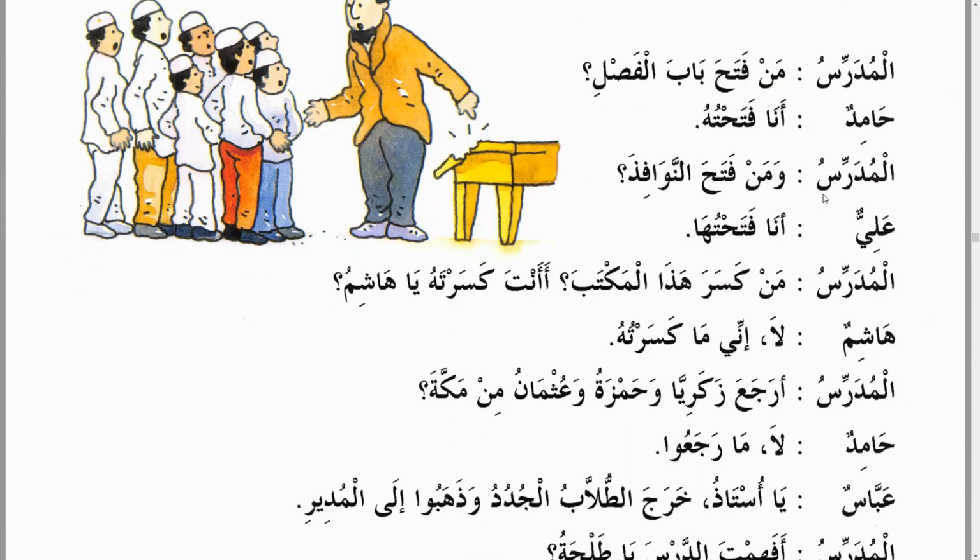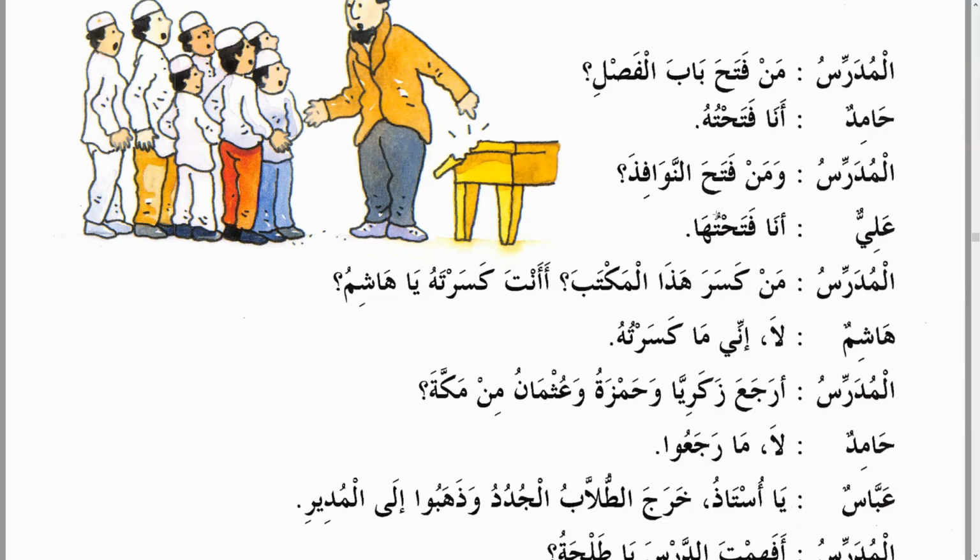Then the teacher said, Waman fataha nawafida, and who opened the windows? Nawafida, windows. Fataha is the fail, and nawafida is the object. Man fataha nawafida, who opened the windows? Nafidatun, the plural is nawafid, windows.